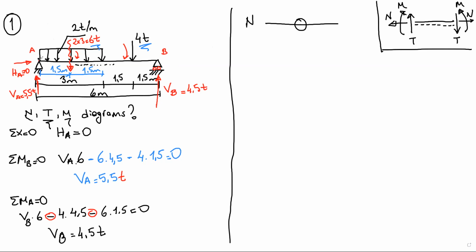For example, I'm just looking for the shear force at this point. I can cut the system from here, from this point, which is so close to point A. So let me draw that point here. I'm gonna exaggerate a little bit.